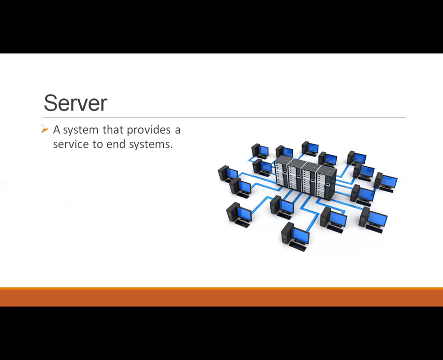In a local area network, in a LAN environment, you can also have another computer with higher capacity storage devices, and all the data and files of different sorts can be stored on that one computer.